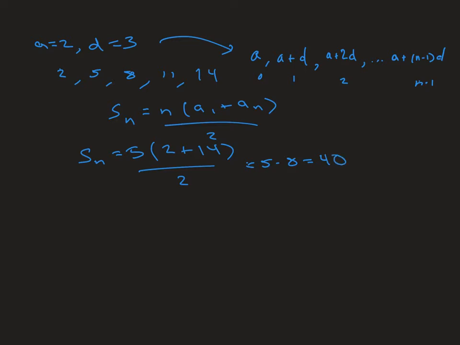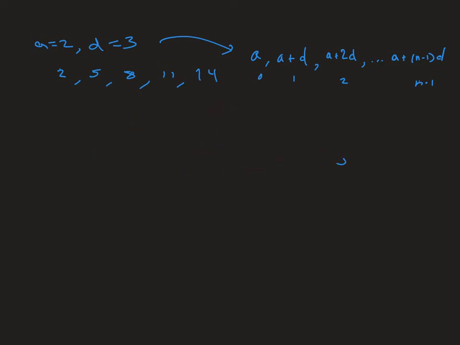But now let's derive why this formula is true. Like we mentioned earlier, we can write out that sum all in terms of a sub 1. So S sub n, we can write out as a sub 1 plus a sub 1 plus d, because remember we just add a d every time to get the next term, plus dot dot dot.